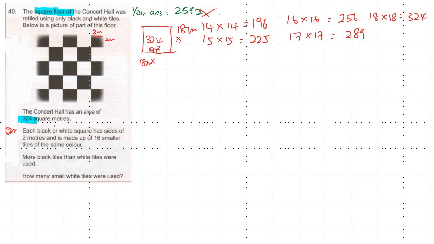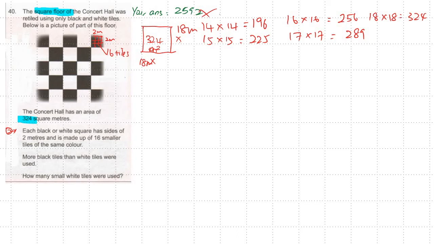Let me get back to this sentence. It says the sides of the squares are 2 meters, but each is made up of 16 smaller tiles of the same color. That means inside here is divided into 16 tiles, for one square of black and the same for white as well.